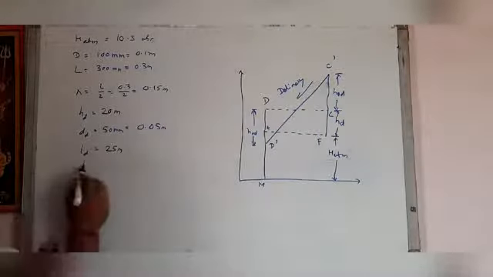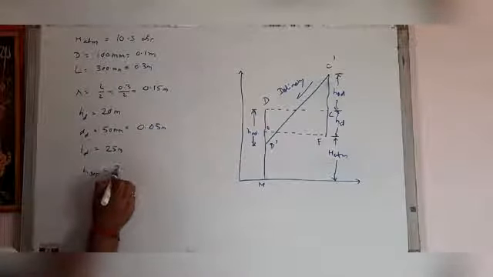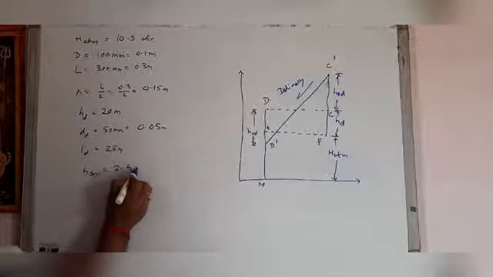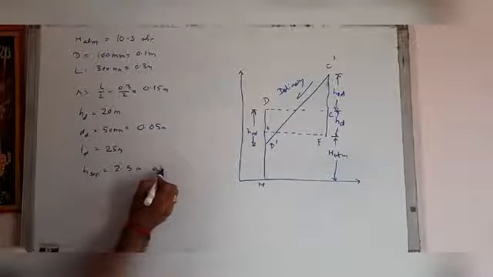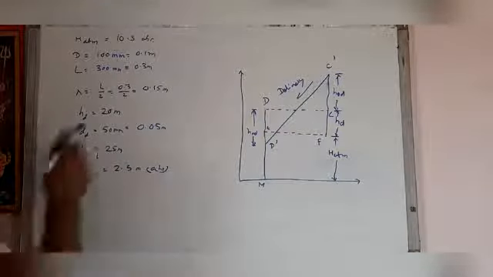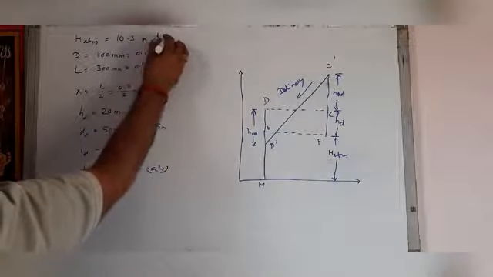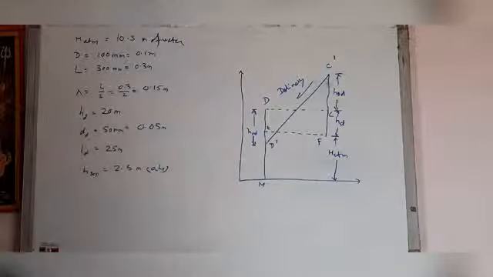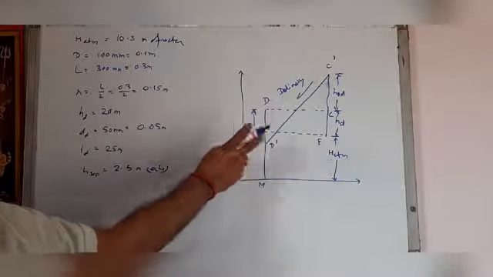Separation pressure head H separation is equal to 2.5 meter absolute, and atmospheric pressure head is 10.3 meter of water. Now this indicator diagram shows the delivery stroke only.